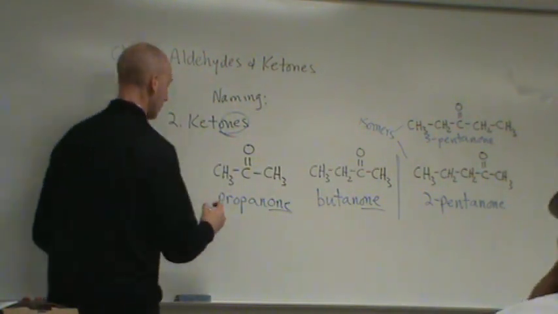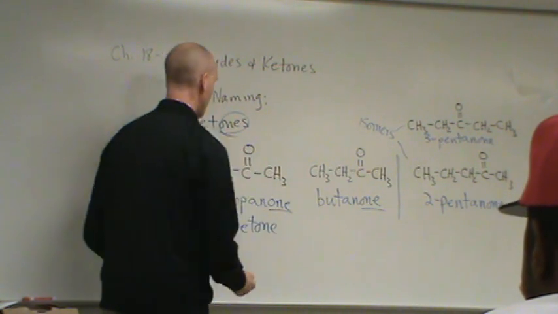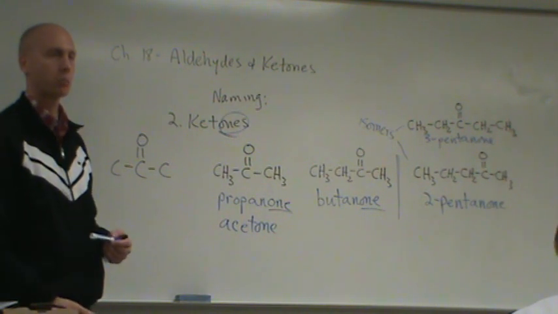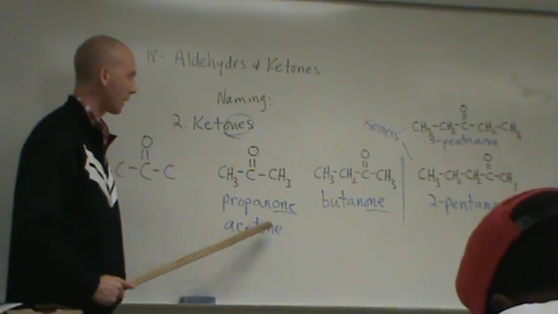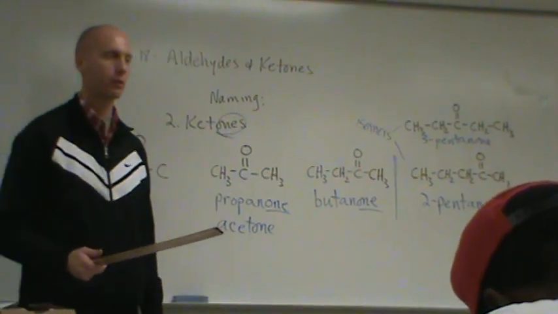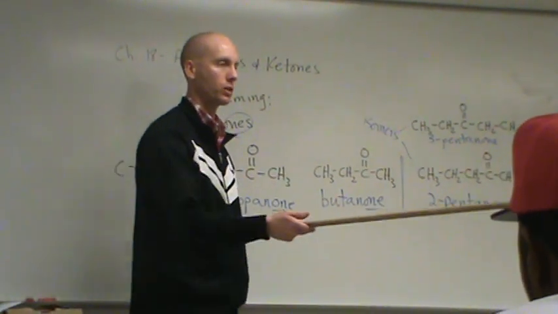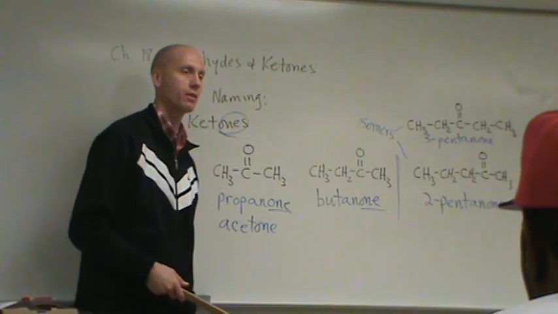This ketone here is also called acetone. Okay, that's the more popular name for it. Big one in the lab. Okay, acetone is the primary ingredient of what? Nail polish remover. Okay, so we'll take the pink off real quick. Okay, and your orange off.